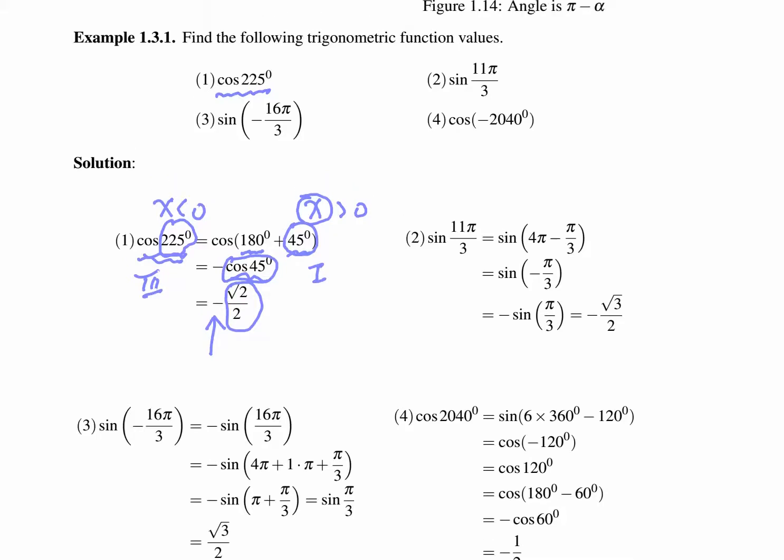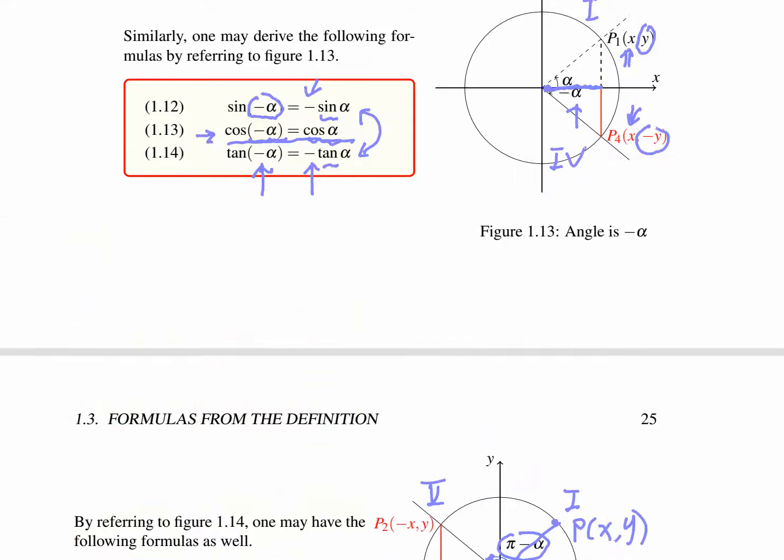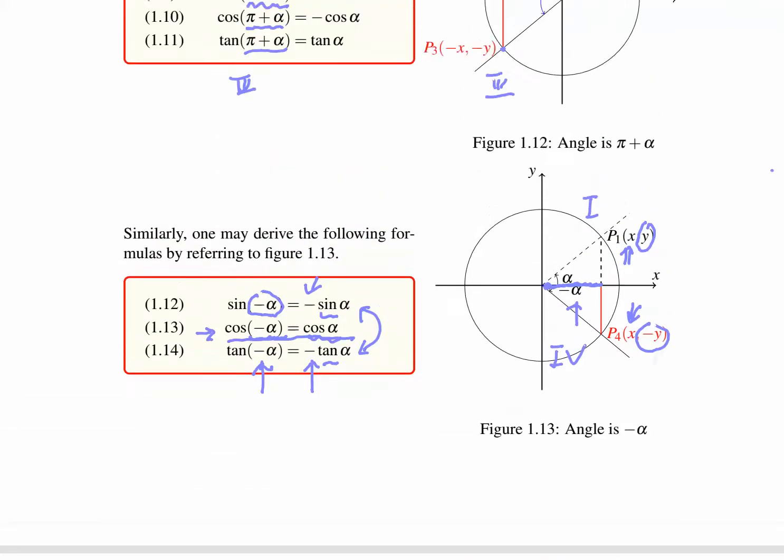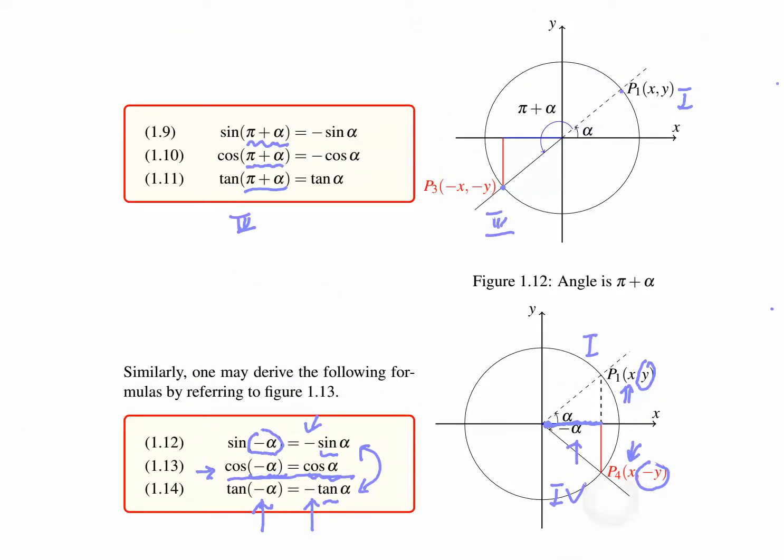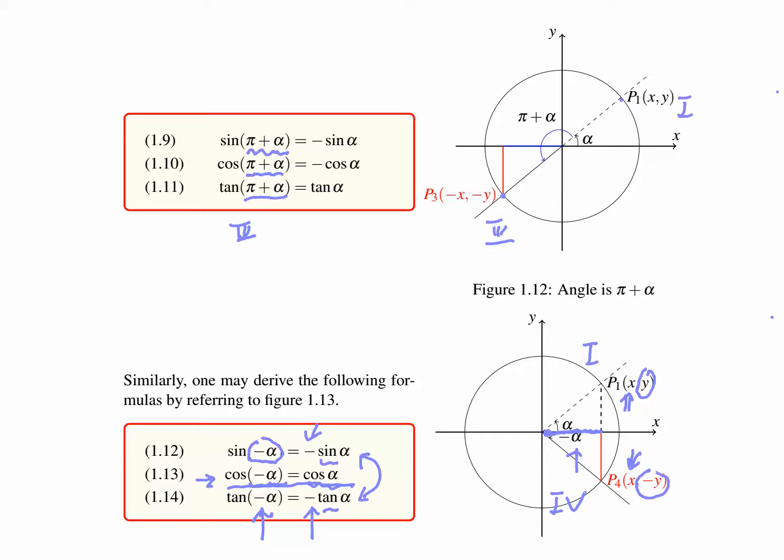Which one was it? It was the one right here, between quadrant 1, cosine alpha, and quadrant 3, pi plus alpha. That's the formula we used for the previous example.